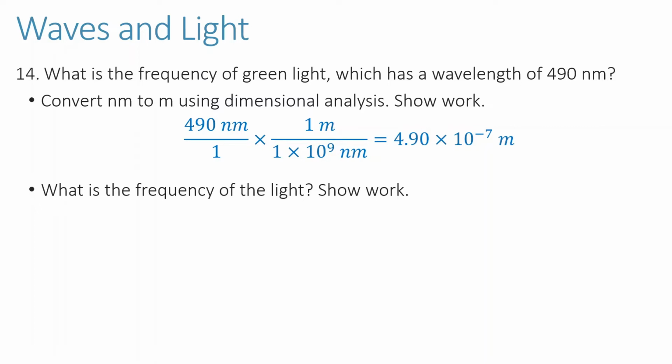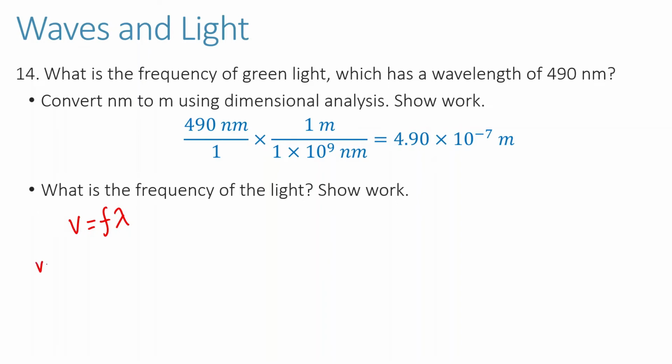So next we want to calculate the frequency of the light. Looking at the two available equations, we want to choose this one: velocity equals frequency times wavelength. We're looking at green light, visible light here.